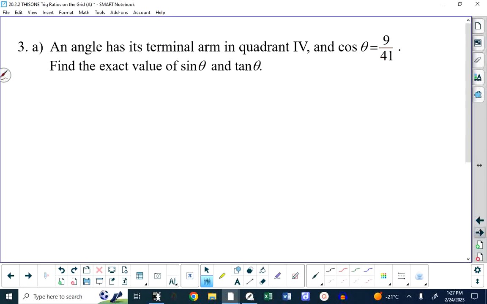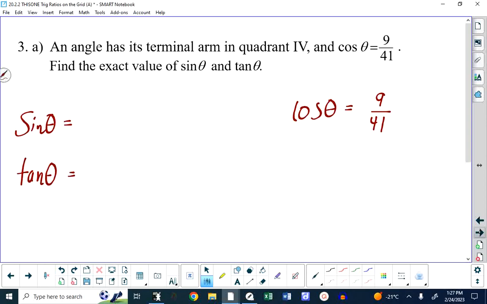Let's try just a couple more. Number 3, and correct me if I'm wrong, there's a 3a and b. Okay. 3 says that cosine of a rotation angle is 9 over 41. What's sine and what's tangent? Well, sine is y over r, tangent is y over x.